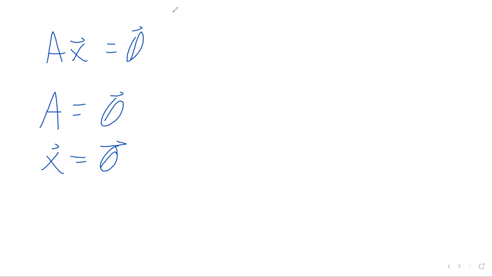Now with our infinitely many solutions setup, take a B vector dotted with y, which is equal to 0 for all y such that A asterisk times y is equal to the 0 vector.